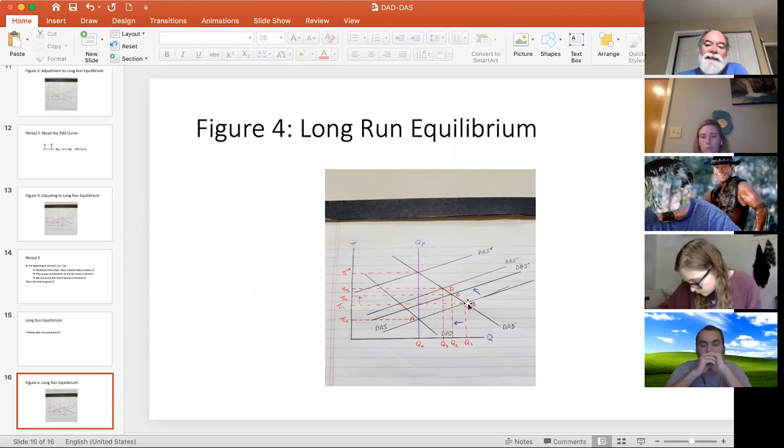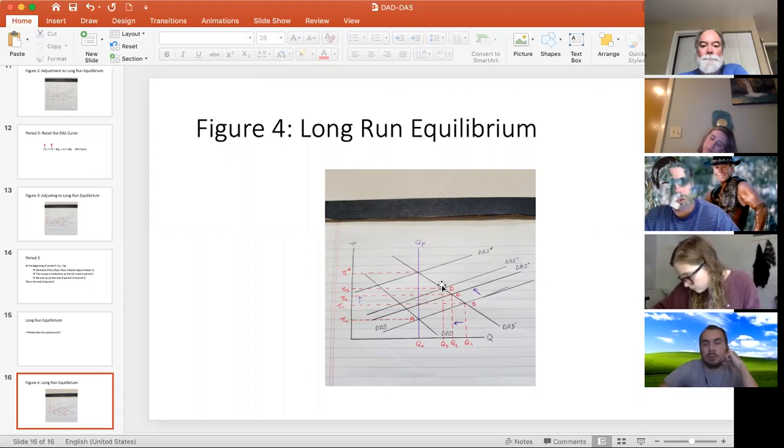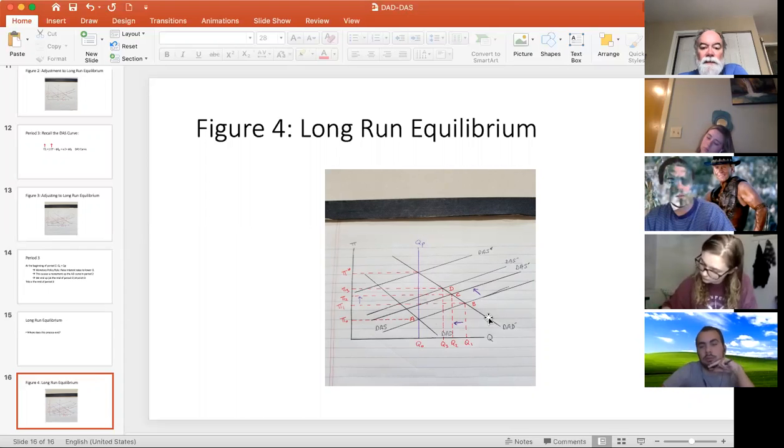So what would be different if, say, at point D, the demand shock went away? DAD would shift back to its original position. Correct. DAD would shift back to its original position. And when it did, where would we be? Under potential.